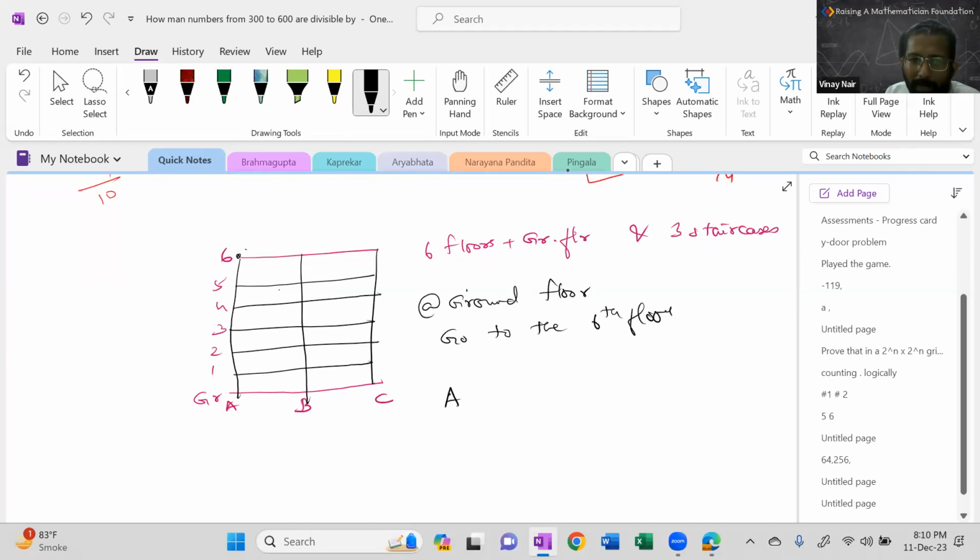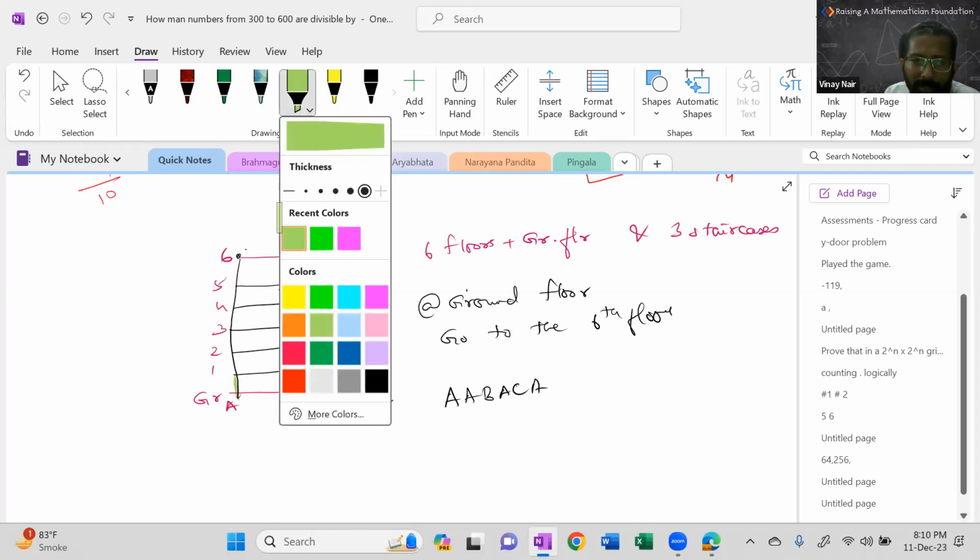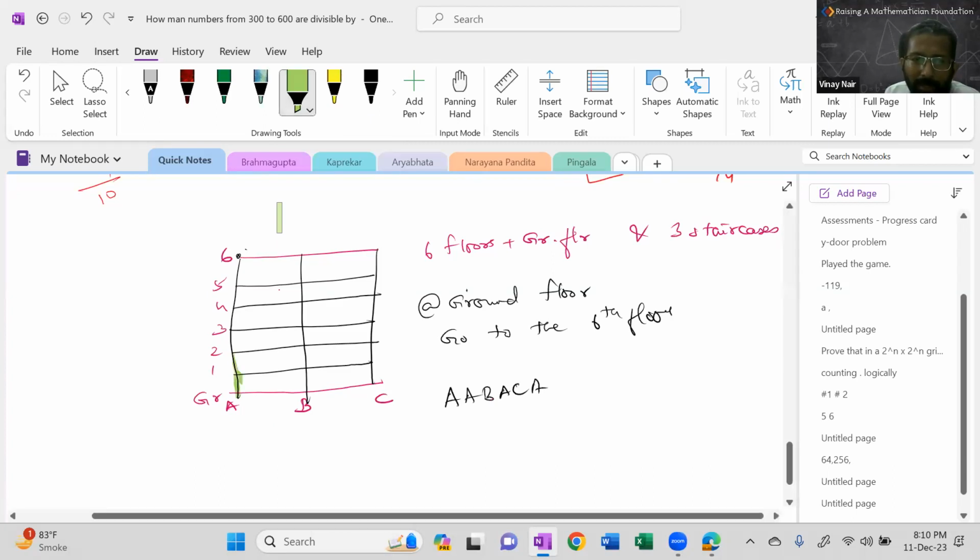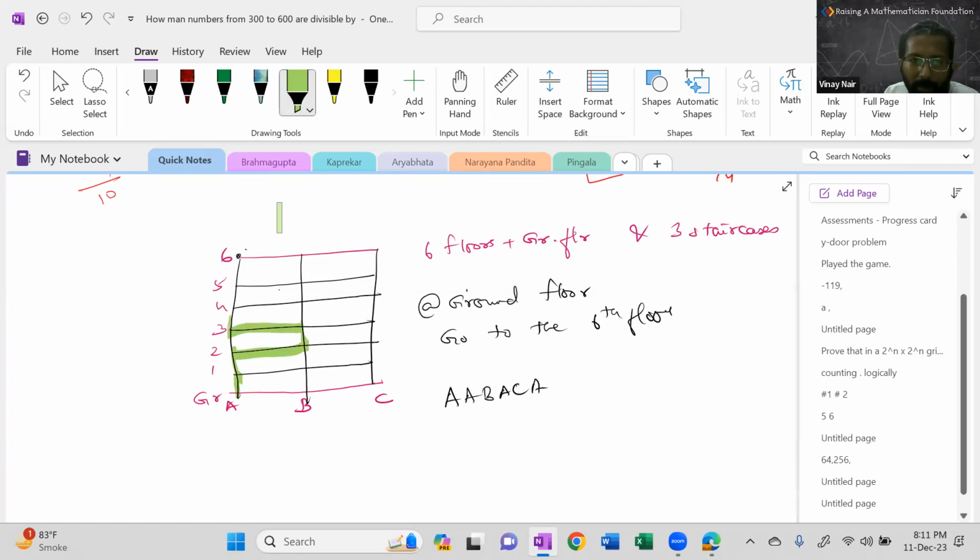You may take this path, A, A, B, A, C, A. Now, what does this mean? This means you have taken staircase A, then staircase A, then you took B, then you took A, then you went all the way up to C, and then you took A.